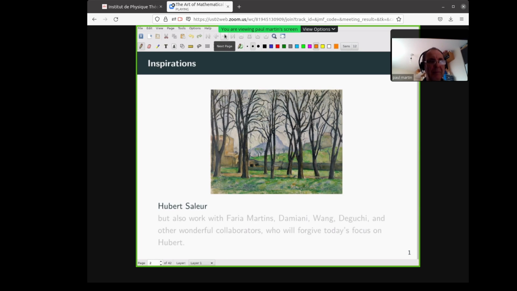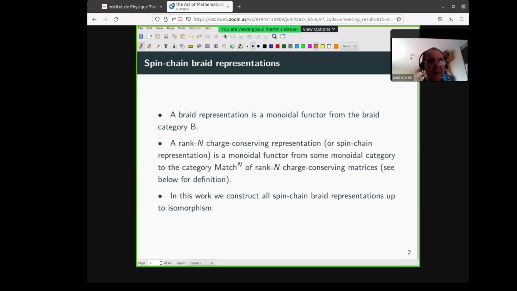So, as is often the way with seminar talks, my main aim is to explain the title, spin chain braid representations. A braid representation is, in one of the contemporary languages at least, a monoidal functor from the braid category B. In a minute I will confirm what the braid category B is.